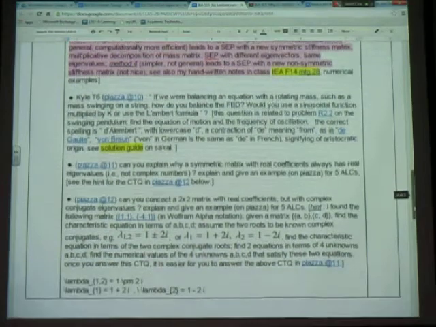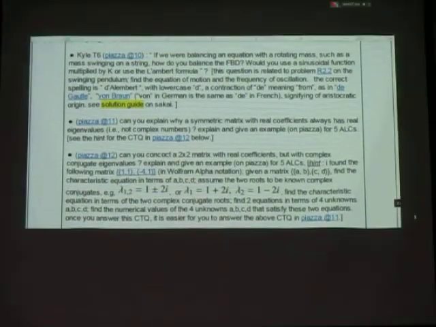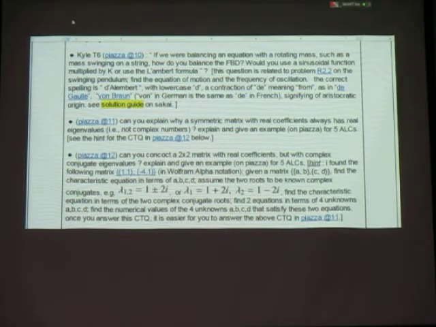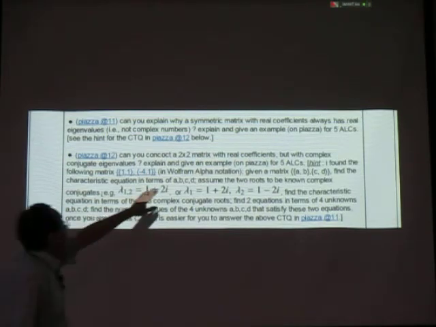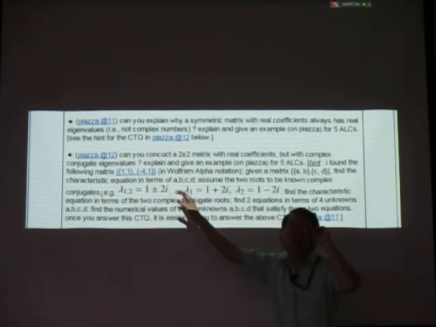So here, the critical thinking question that I pose myself is: can you concoct a 2x2 matrix with real coefficients, but with complex conjugate eigenvalues?